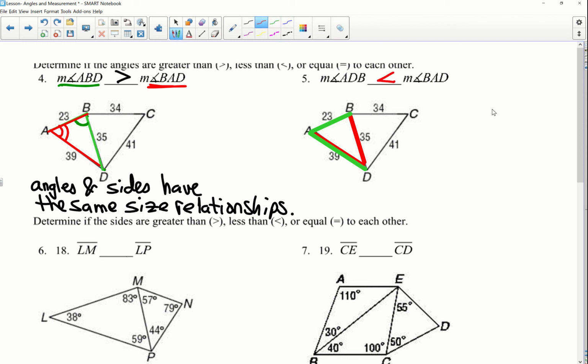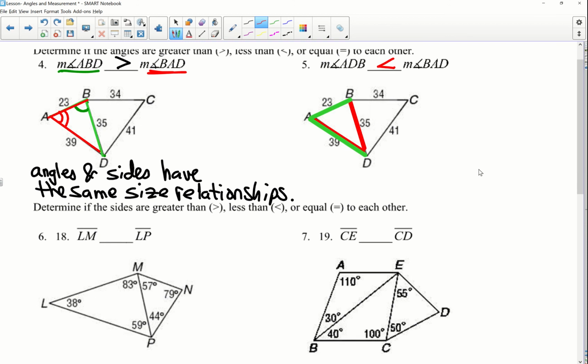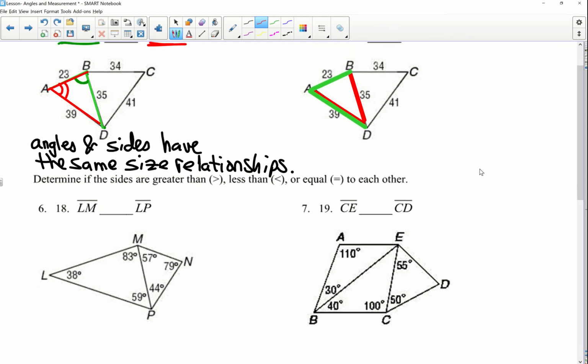Next set of problems goes the other way, where it's the same concept, but now we're identifying the angle corresponding to the given side. So I have this guy here, LM, and then I have this guy here, LP. Really, all you need to do is identify the angles that open up onto that side.